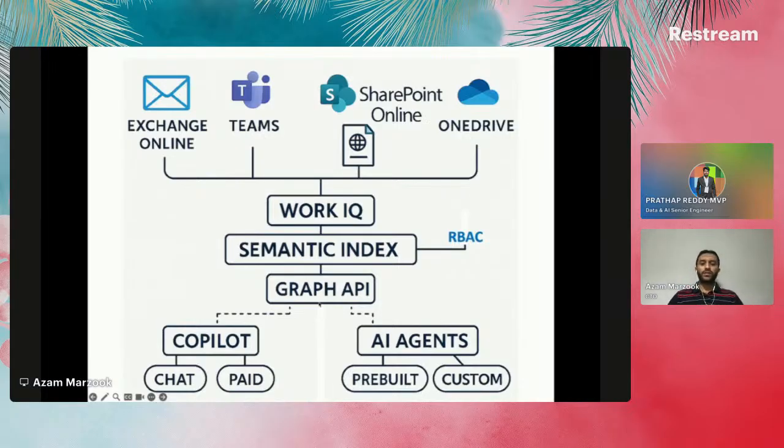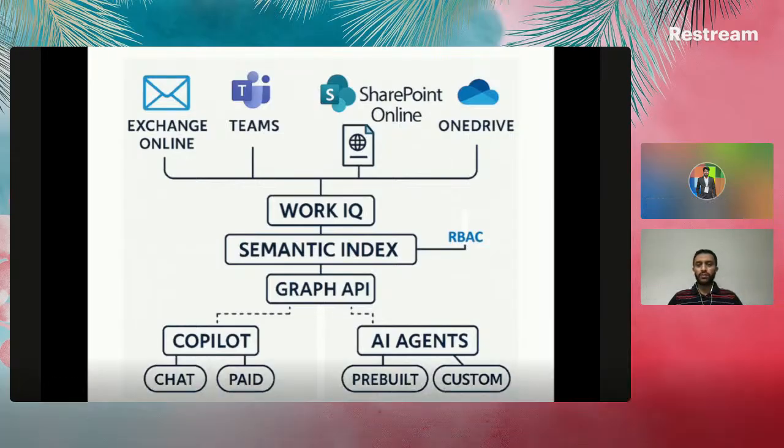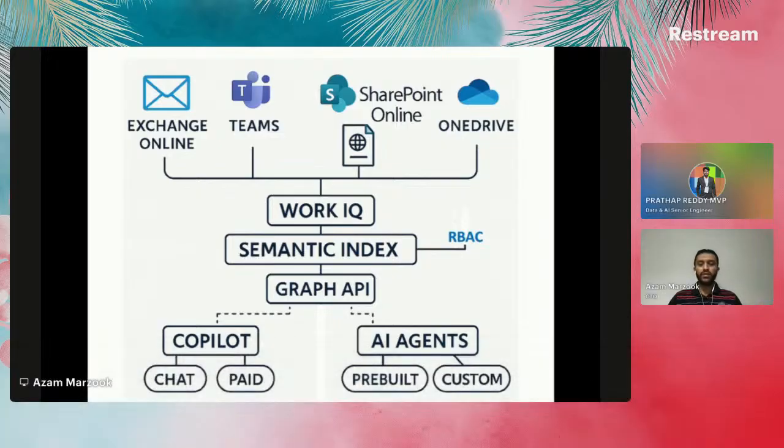When you access using the GUI portal, it actually goes through Graph API, and it's also accessible using PowerShell or a shell within Office 365, and it basically uses Graph API.